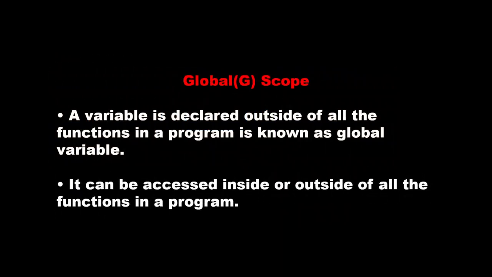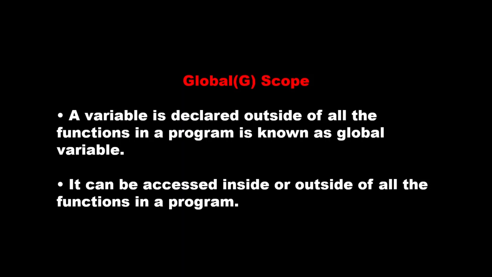The next scope is global scope. A variable declared outside all the functions in a program is known as a global scope variable. It can be accessed inside or outside all of the other functions in a program. So as I told you in the beginning, a variable which is declared before any function is declared, those variables are known as global scope variables.